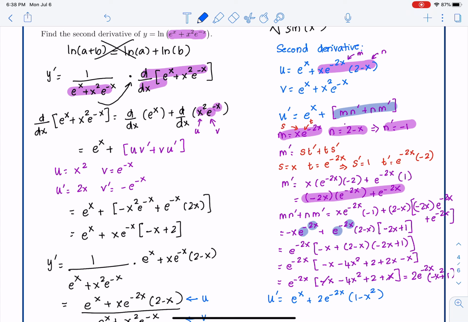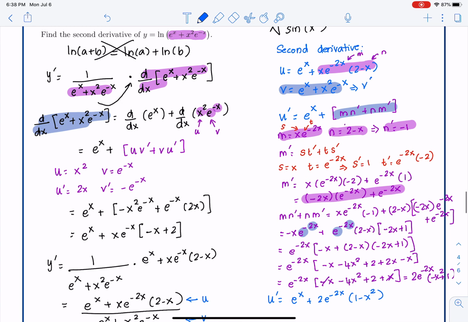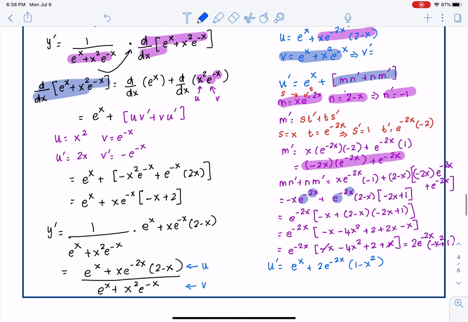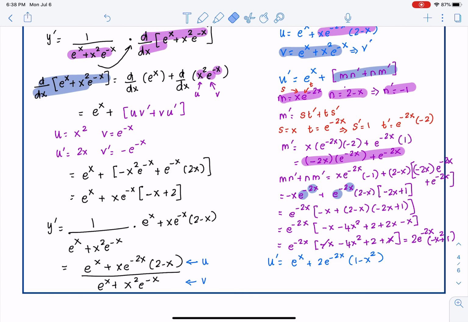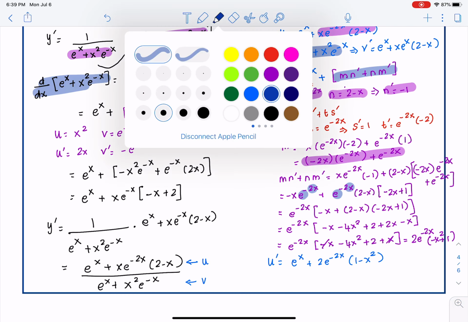Well, v prime is the derivative of that, which is right over here. From the first derivative, we know v prime is simply e raised x plus x e raised x times 2 minus x. Right over there.